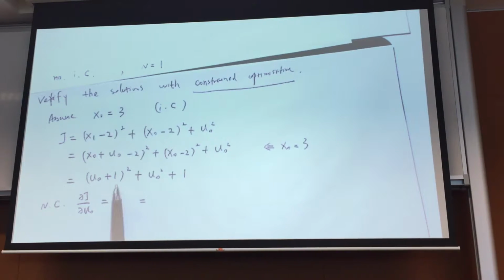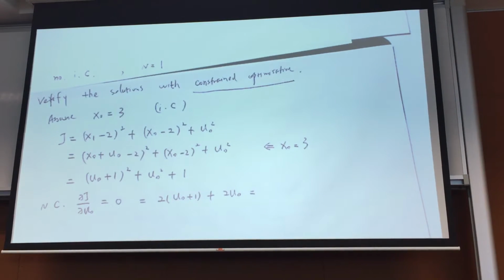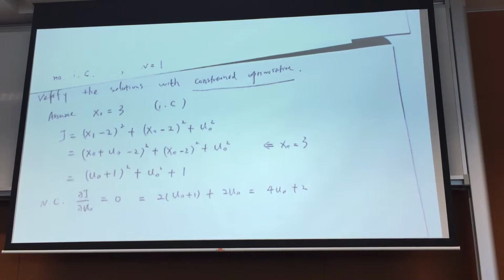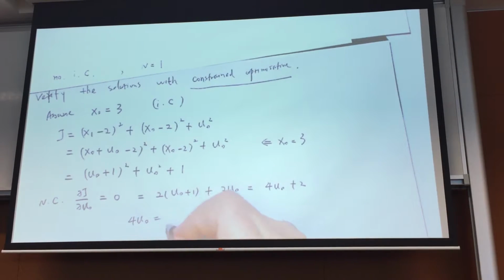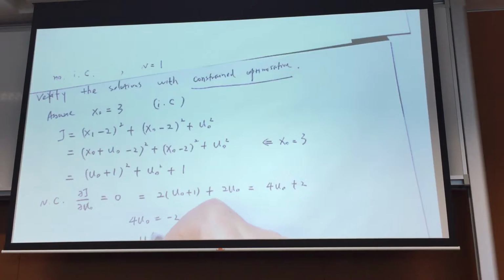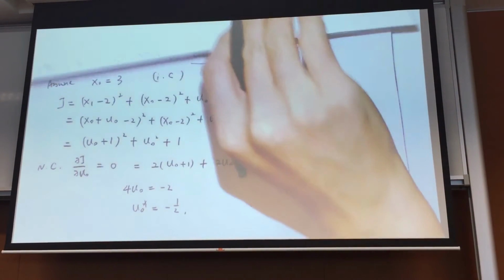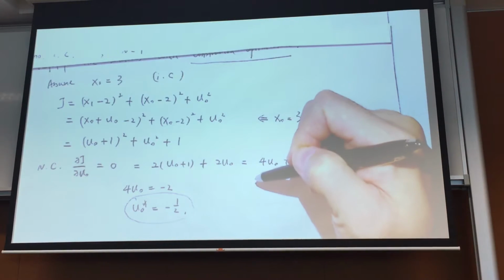So dJ/du0 will be given by 2 times u0 plus 1, plus 2u0, which gives 4u0 plus 2. So we have 4u0 equal to minus 2, so u0 star equals minus a half. This is our solution from the constraint optimization.